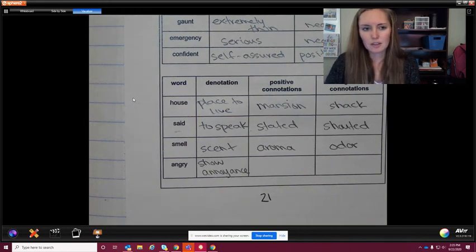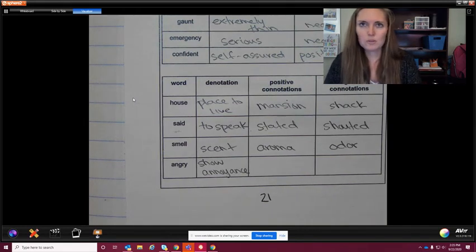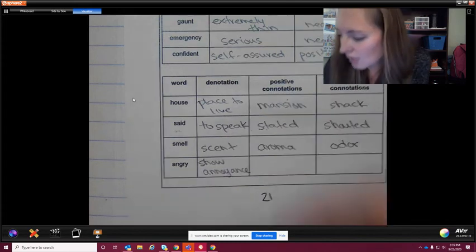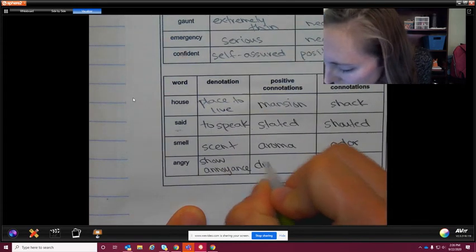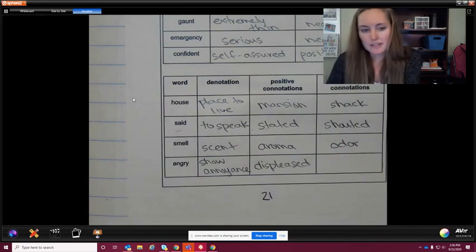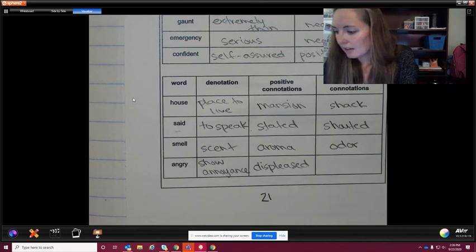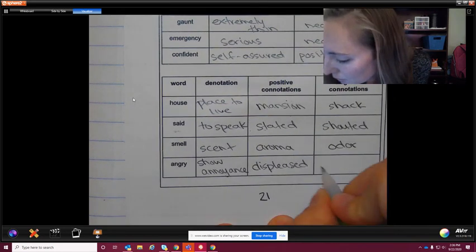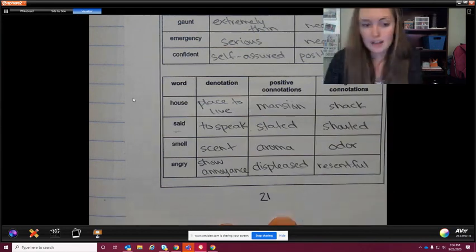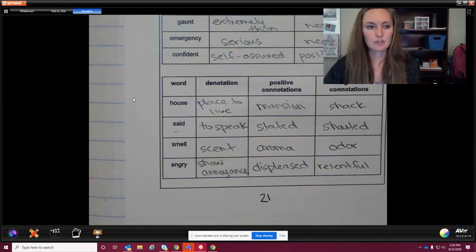So I kind of went with what's a word that also means angry, but doesn't come off negatively or as negative, I guess. So one that I came up with was displeased. It's more positively connotated. And then for a negative one, I put down resentful, because that word has a more negative connotation to it.